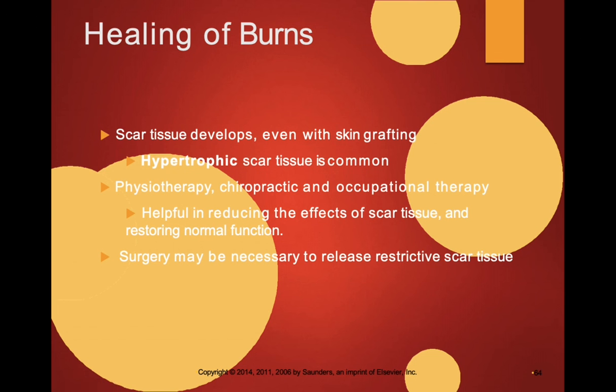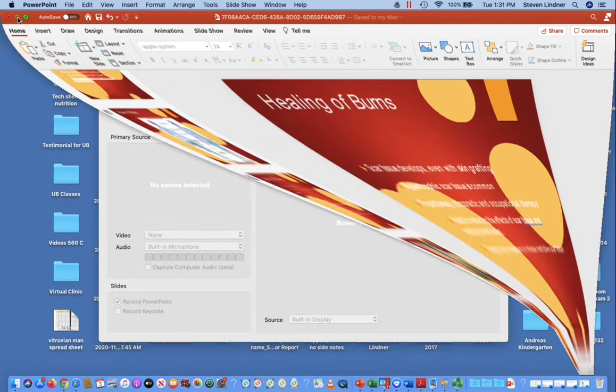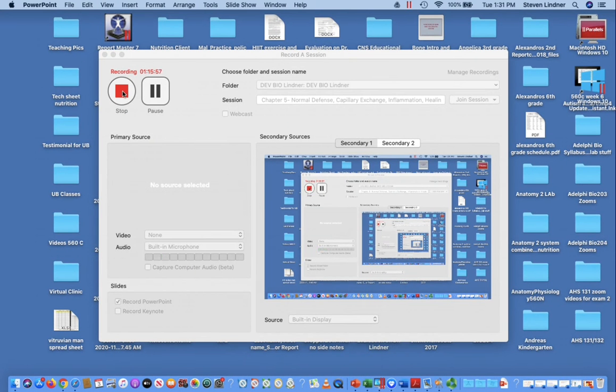You restore normal function by allowing to restore normal structure. Structure determines function. Surgery may be necessary to release any type of adhesions or restrictions or fibrous scar tissue. And that brings that lecture to a close.